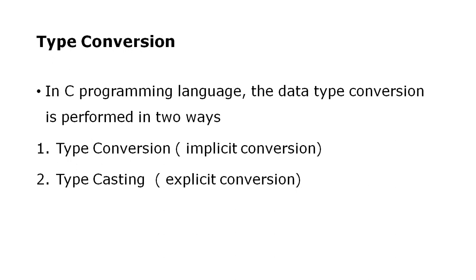So what is the purpose of this type conversion? In the C programming language, the data type conversion is performed in two ways. The first one is implicit conversion and the second one is explicit conversion.